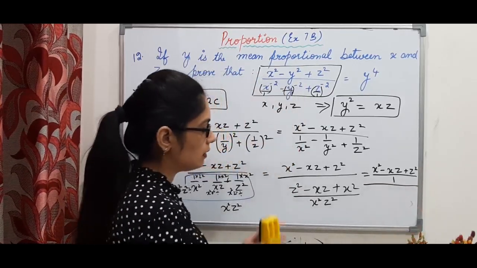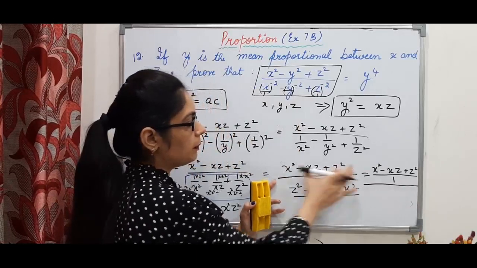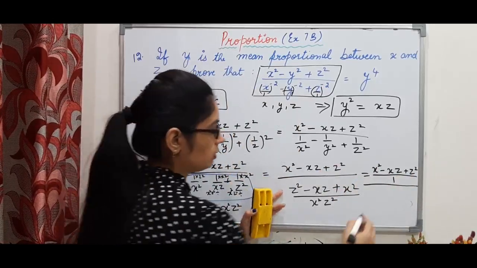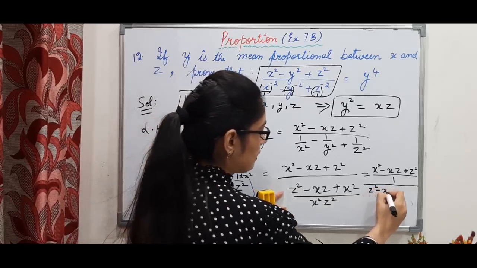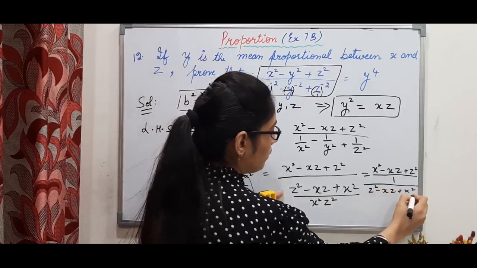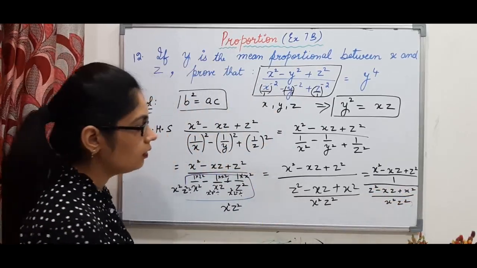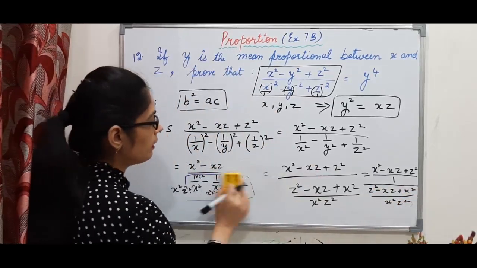This sign as it is. I have just written the number in fraction form; writing it by 1 won't make any difference. So z square minus xz plus x square by x square z square. So two fractions are getting divided now.